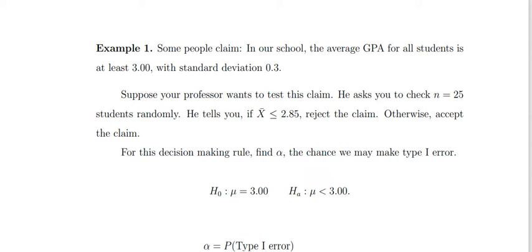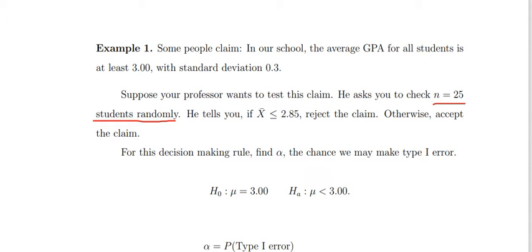Let's check the first example. Some people claim the average GPA for all students is at least 3.0 with standard deviation 0.3. Suppose we want to test their claim, so we will do a survey.